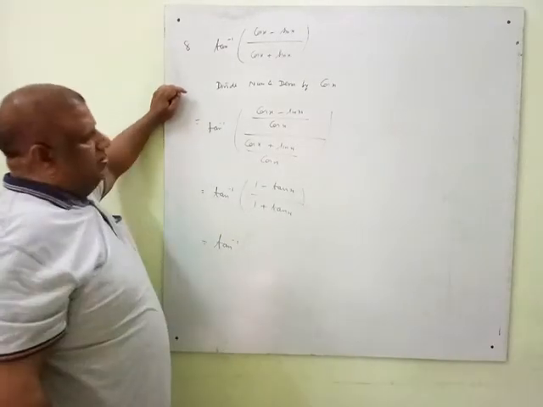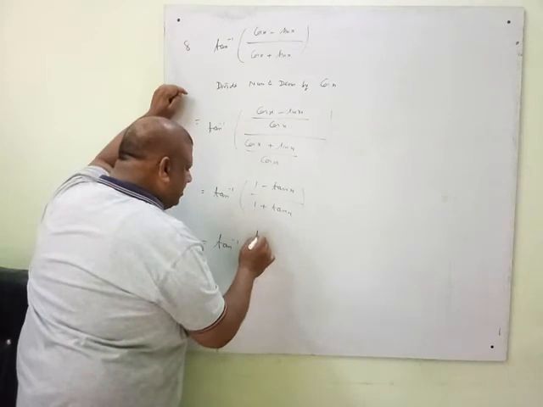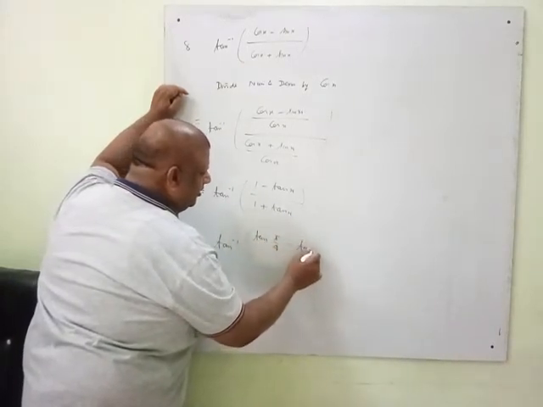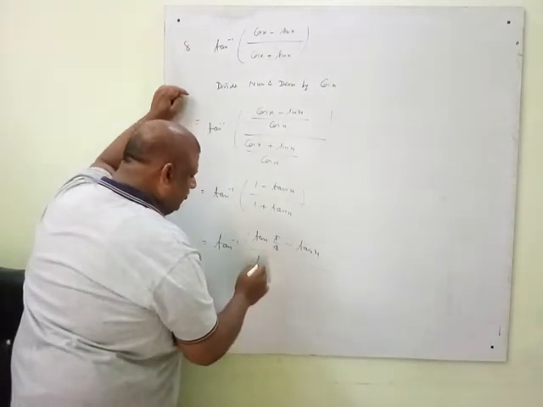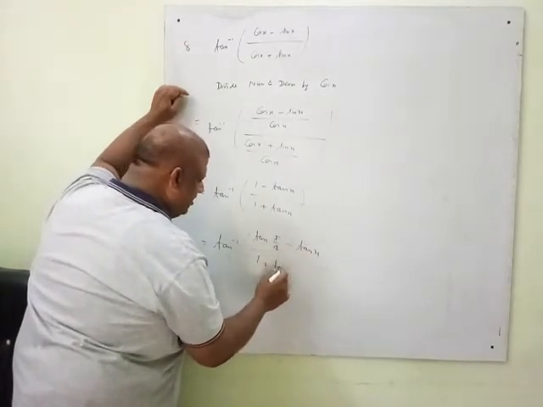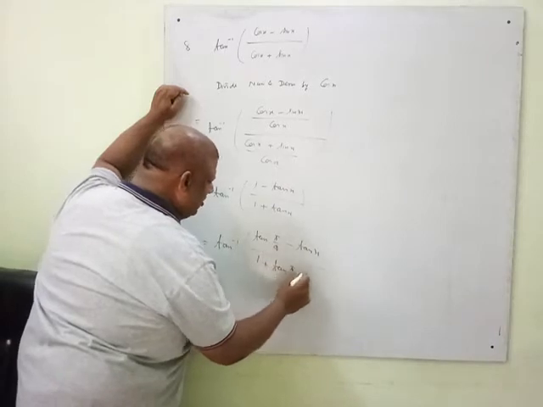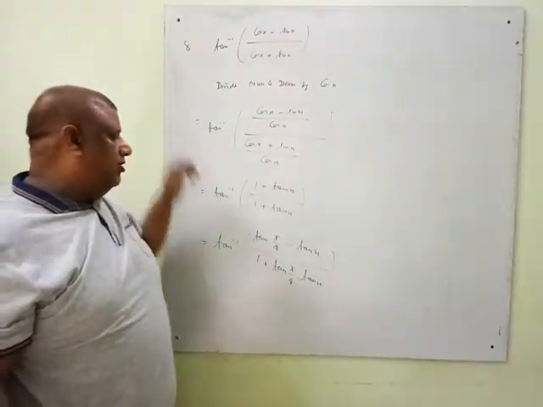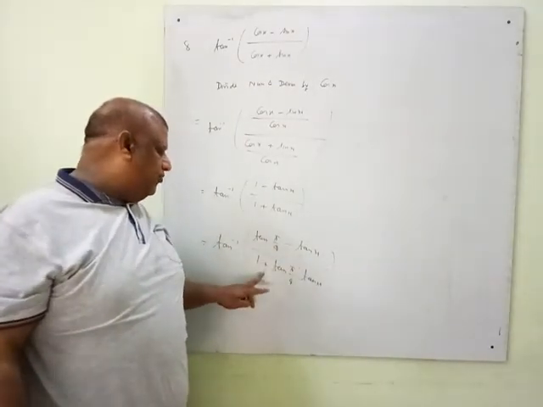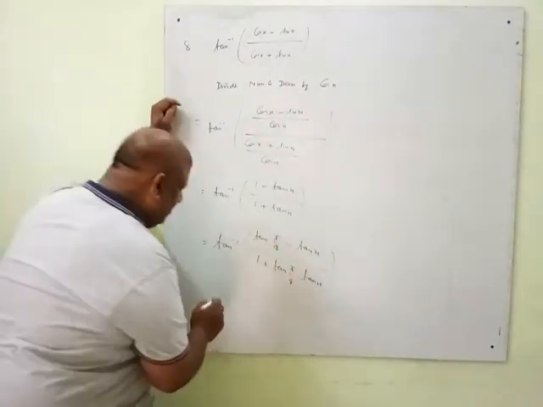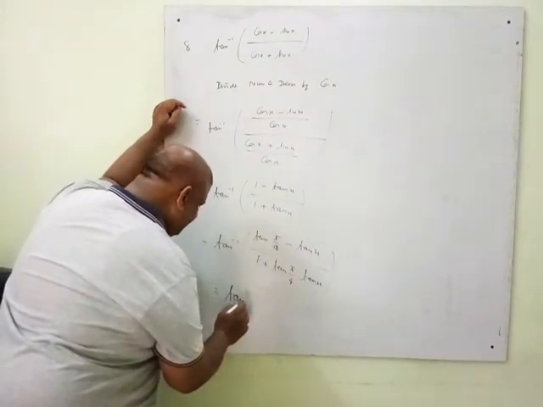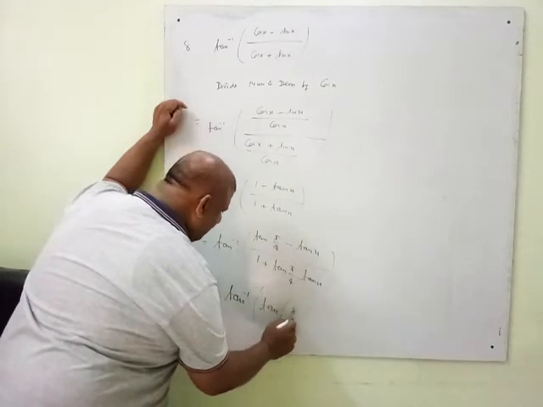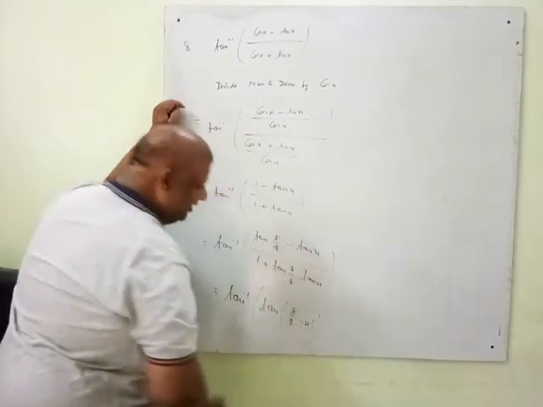Tan inverse. This 1 can be written as tan pi by 4, making the identity, tan pi by 4 minus tan x upon 1 plus tan pi by 4 into tan x. Now this is the formula, tan a minus tan b upon 1 plus tan a into tan b, which is further tan inverse tan of pi by 4 minus x.